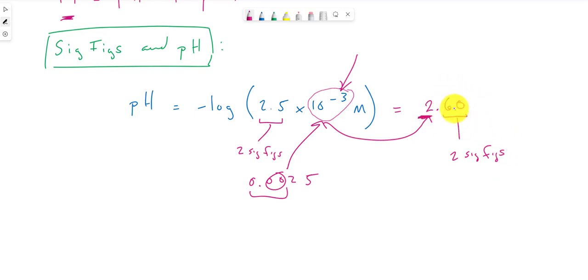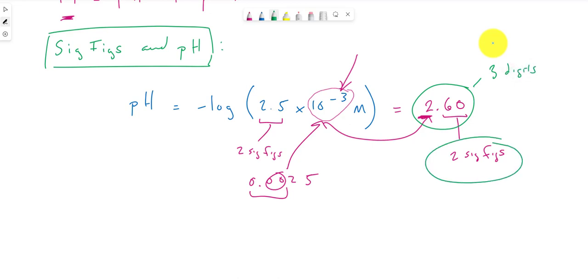You may have heard of this before, we call this the mantissa of the log term, everything beyond the placeholder number. The first number is placeholding the zeros, and the second number past the decimal, that's the mantissa. That's where we conserve our sig figs. And that feels a little counterintuitive because this number itself has 3 digits, but we would consider only 2 of those digits to be significant, because that one again is considered a placeholder.